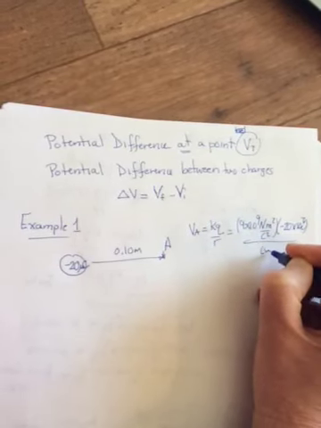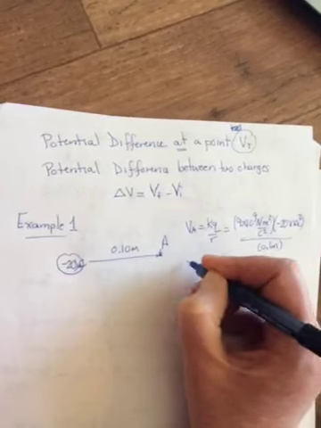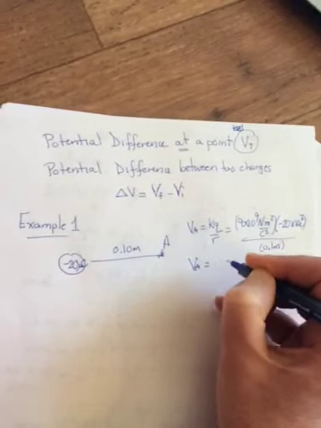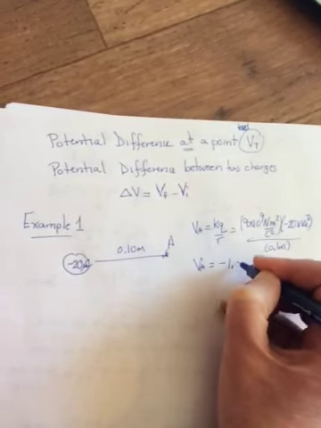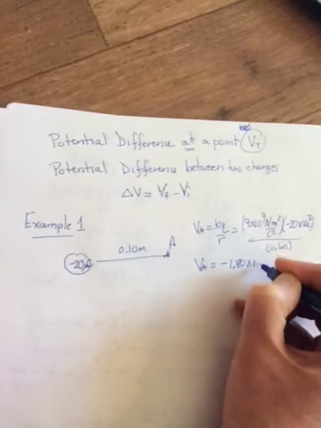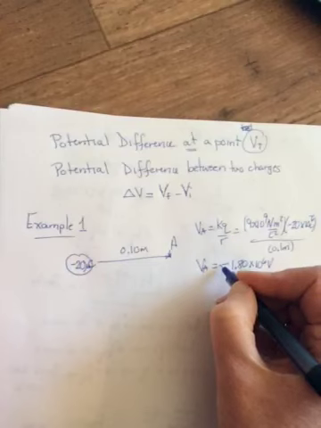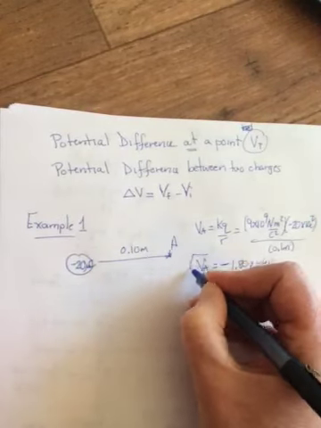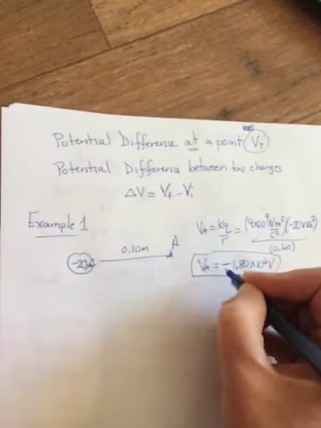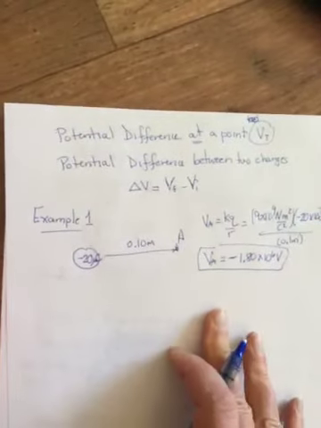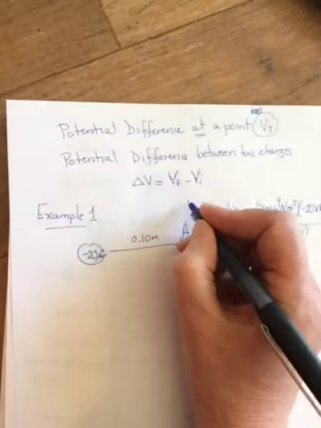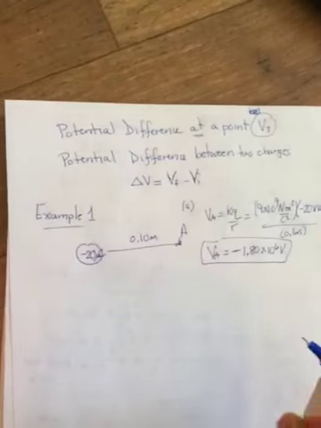And r is 0.1, and you don't need to square it this time. So the potential at A is negative 1.8 times 10 to the 6 volts. What does that mean? It means that the field would have done the work to get a positive test charge to this spot, because it's always a positive test charge that we use. So example 1, that's A.